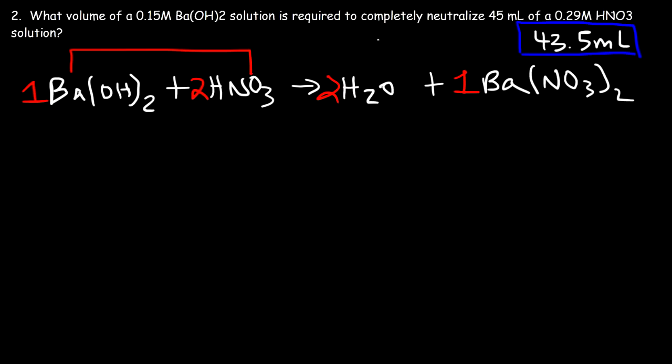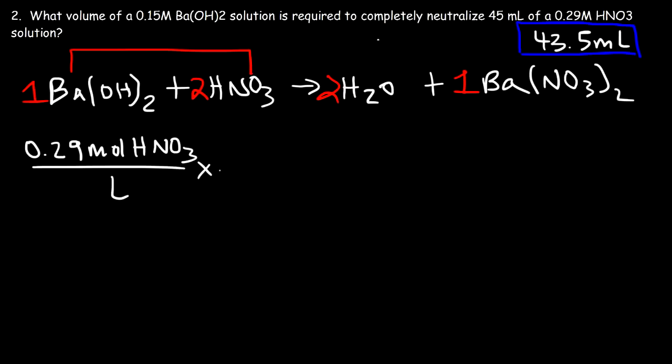Let's start with the other substance, nitric acid. Let's get the moles of the acid first. So instead of writing 0.29 M, I'm going to write 0.29 moles of nitric acid per liter of solution. Next, let's multiply by the volume of nitric acid. We have 45 milliliters, and if we divide that by 1,000, that's 0.045 liters.